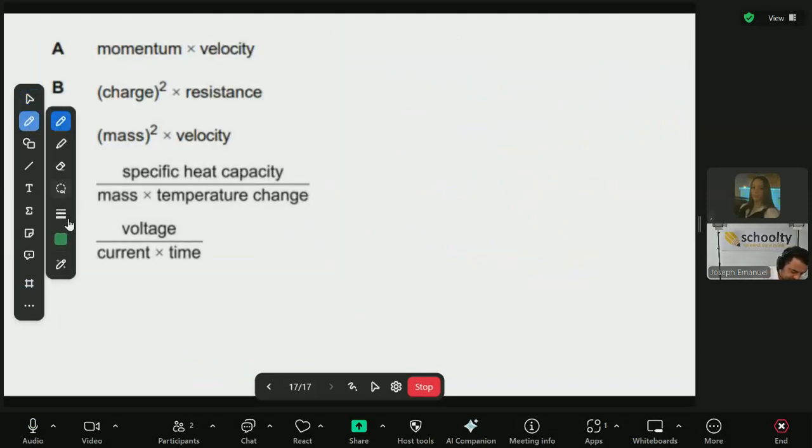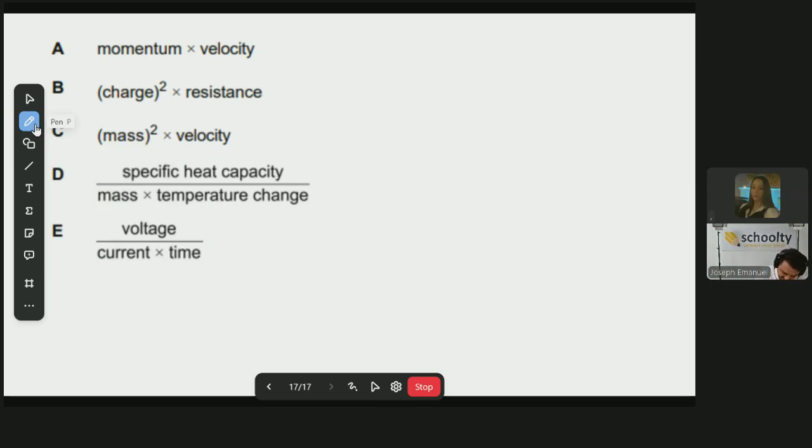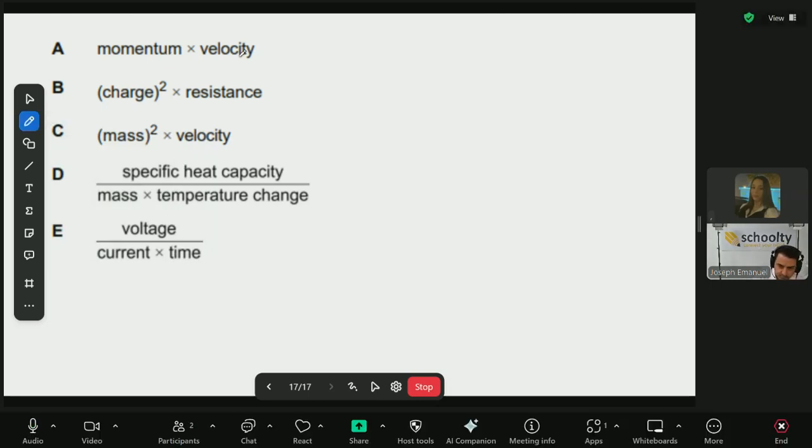First one. Momentum multiplied by velocity. What is momentum? Momentum is mass multiplied by velocity, how much mass multiplied by speed. This is the momentum, which is kilogram multiplied by meter per second, multiplied by velocity, which is again meter per second.